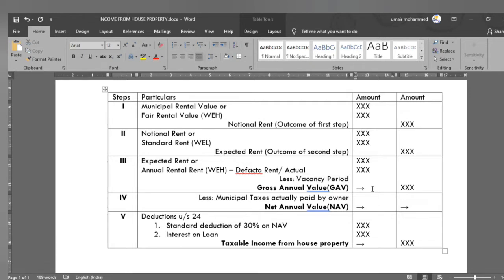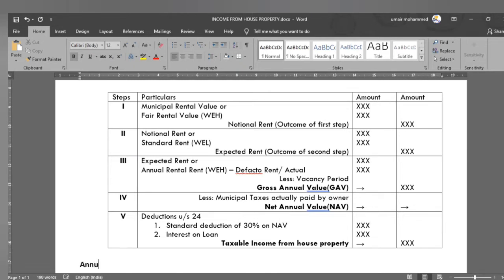Now in this, one more point which you have to remember, which is not mentioned here, is when we calculate the actual rent, or let's say the annual rental value, what we are talking about.